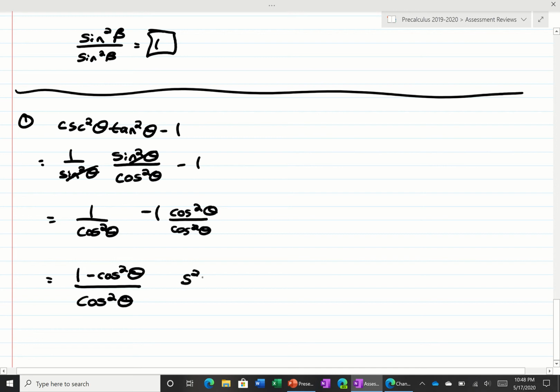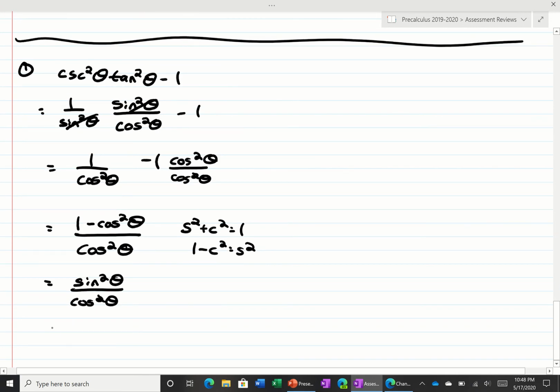And if sine squared plus cosine squared is 1, then 1 minus cosine squared is sine squared. Sine squared over cosine squared is tangent squared.